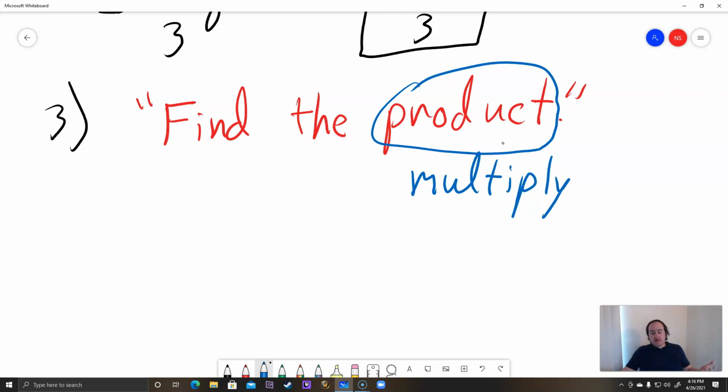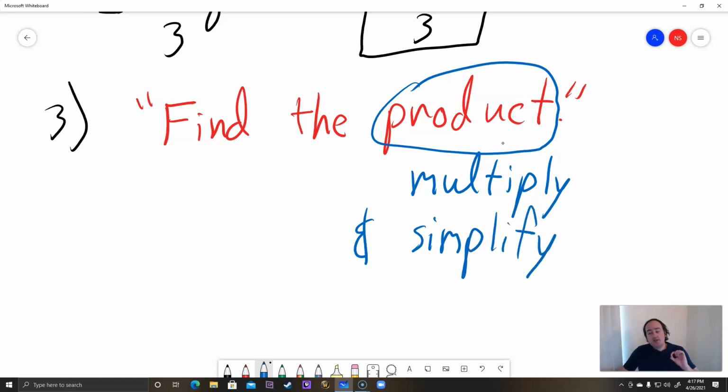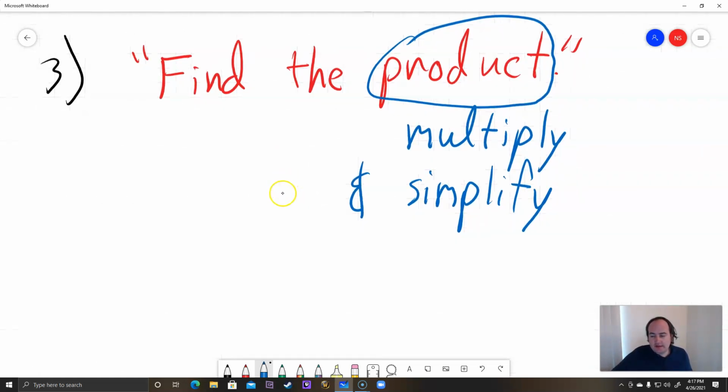If they're asking you to find the product, they mean multiply, but as always, even if they don't say it in the instructions, in math, it's expected that you simplify your answer. So even if they just say find the product, that means multiply and simplify. So all of these mean that you need to simplify them after you multiply. And the same thing goes for dividing, which we'll be doing in a later video.